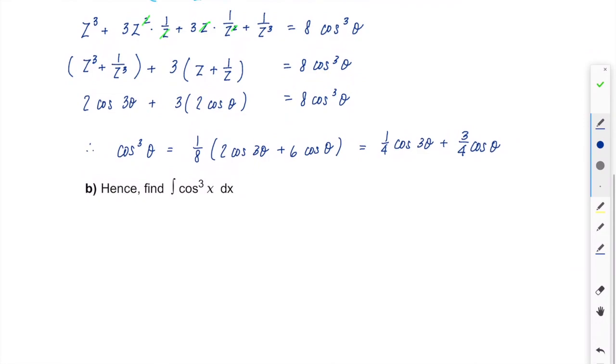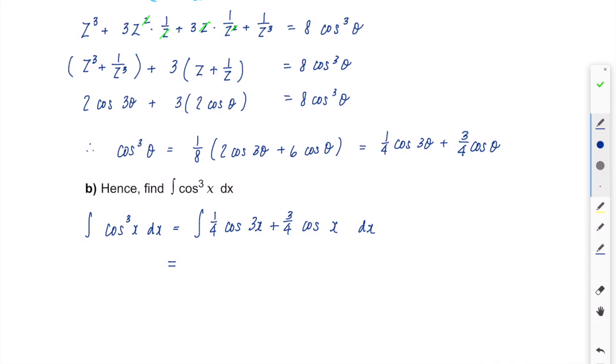Hence, find the integral of cosine cubed x dx. What have we got here then? Instead of saying this is cos cubed x dx, I now have a new expression of 1 over 4 cos 3x plus 3 over 4 cos x dx, which I can integrate one term at a time.